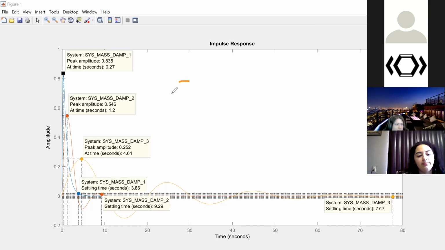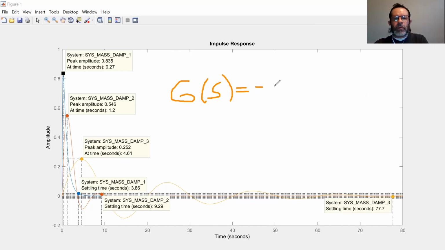Now, remember that the transfer function was G(s) equals 1 divided by ms squared plus bs plus k.